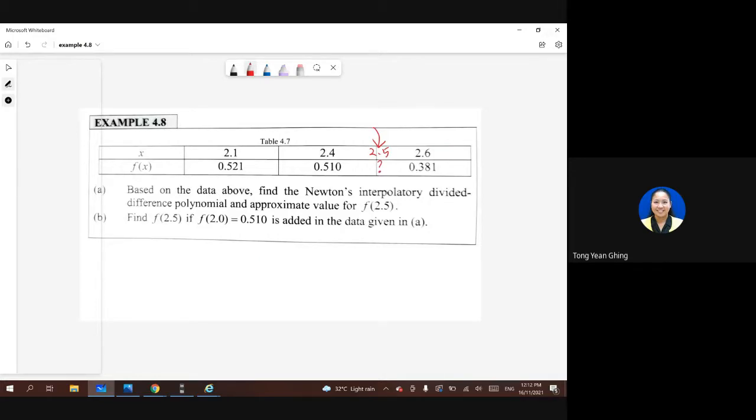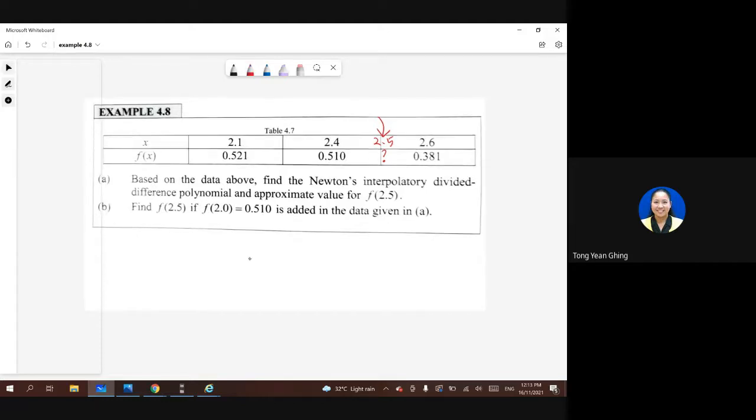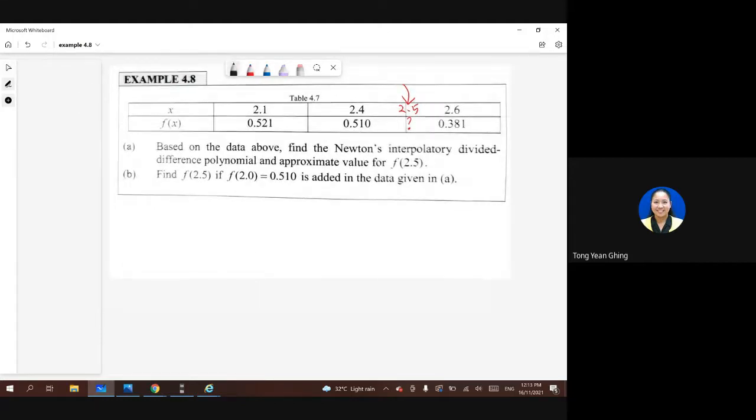So, A, based on A, we have 3 data points. Kalau based on A, okay, so we solve solutions based on A. Okay, A, we have 1, 2, 3 data points. So that means our n is 2, okay?